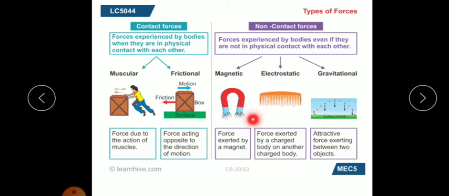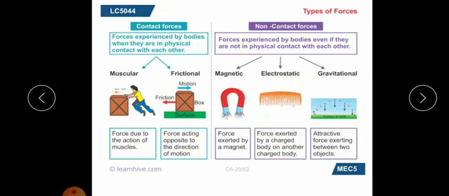Then here you can see a magnet is attracting iron nails. So without touching these iron nails, the magnet can exert magnetic force on the iron nails. So it is a non-contact force. Then electrostatic force.